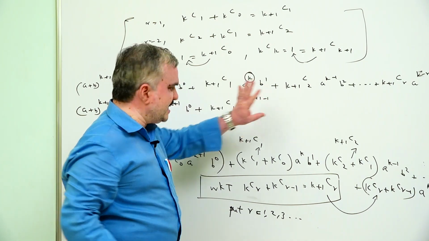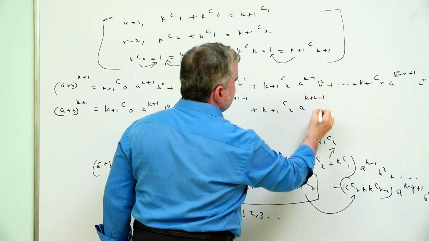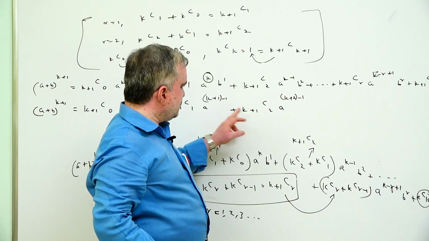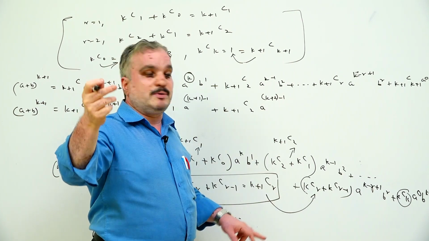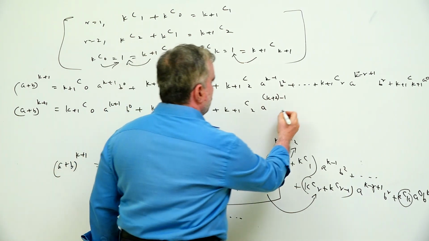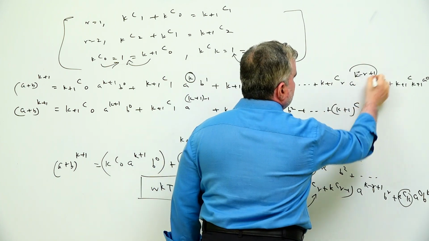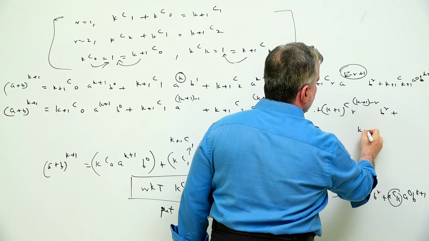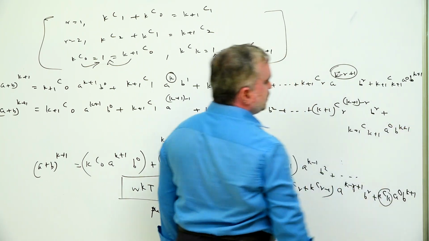For convenience we write here k plus 1 c2 a power, adding 1 and subtracting 1, we get k plus 1 minus 1, a power k plus 2 minus 1, so a power k minus 1, b square. Similarly we get k plus 1 cr, this we write a power k plus 1 minus r b power r. Finally k plus 1 c k plus 1 a power 0 b power k plus 1.